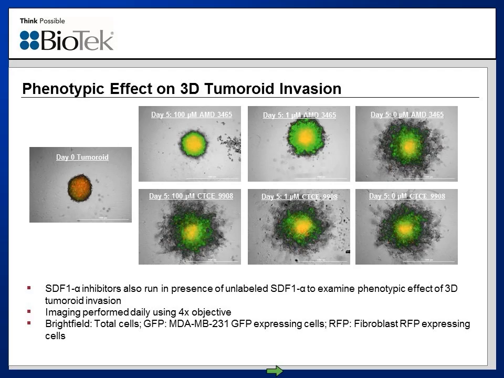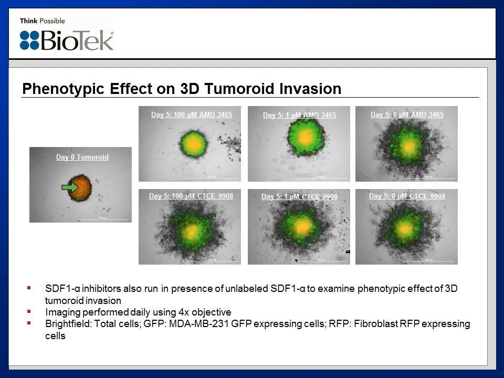The inhibitor panel used in the residence time study was then run with a 3D tumor invasion assay procedure, such as I previously described, in the presence of a single concentration of unlabeled SDF1 alpha. And here you can see an example of the co-cultured tumoroid structures, again on day 0.